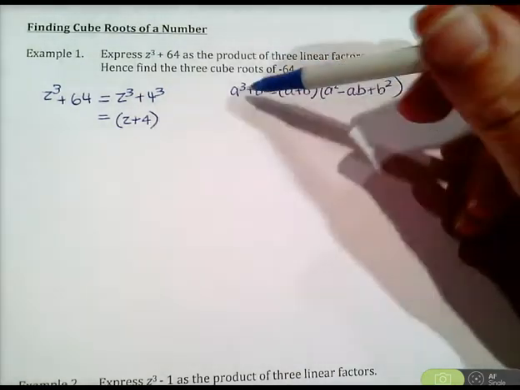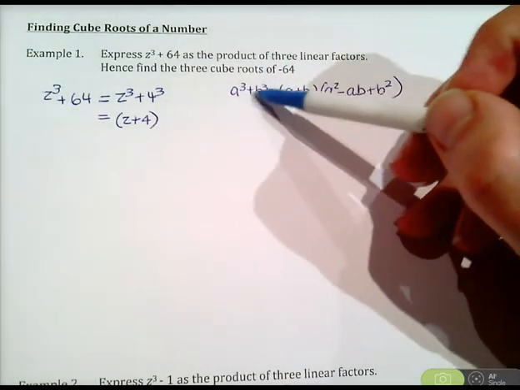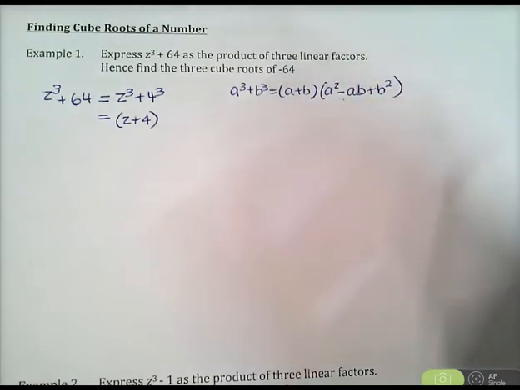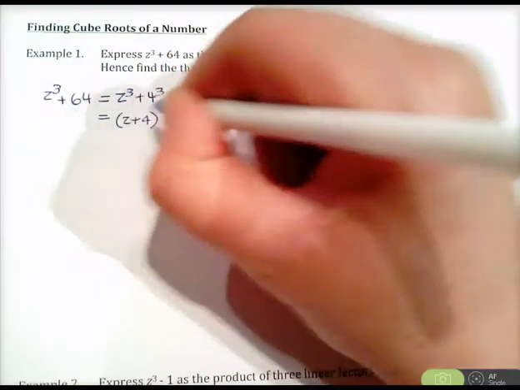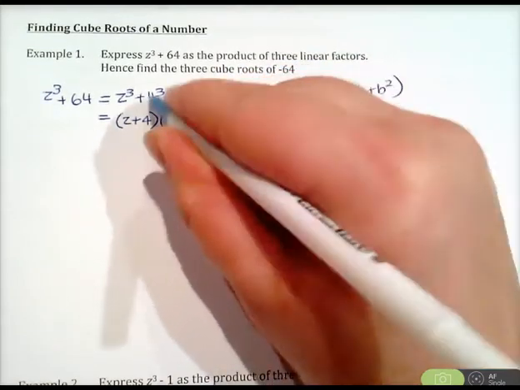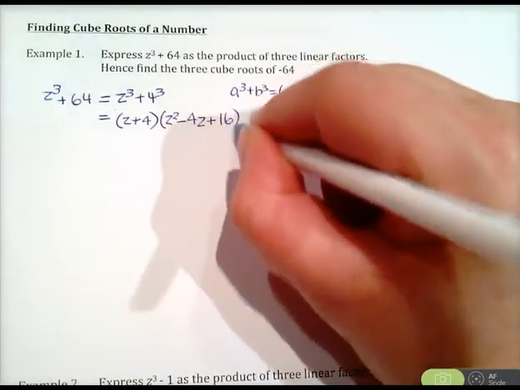This factorization only has one minus in it. The a cubed plus b cubed has the plus first, and then in the next available spot is the minus. So using this rule, we get z plus 4, then z squared minus 4z plus 4 squared, which happens to be 16.